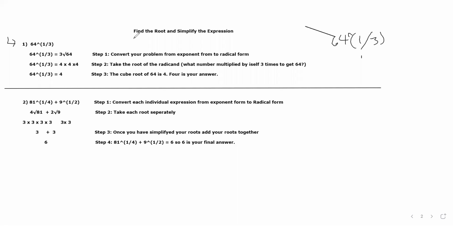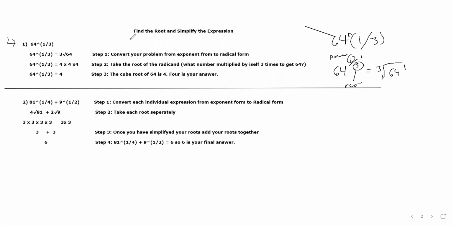So pretty much we have 64 raised to the 1/3 power, and this will turn into the cube root of 64 to the first power. Because remember, this denominator is going to be your root, and this numerator is going to be your power.